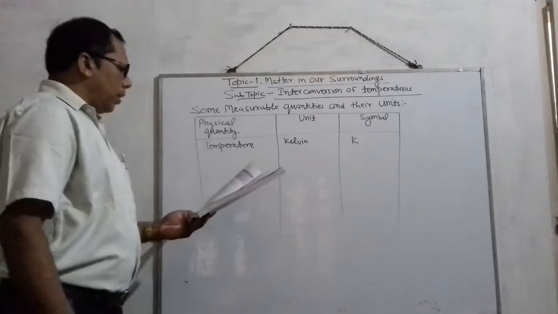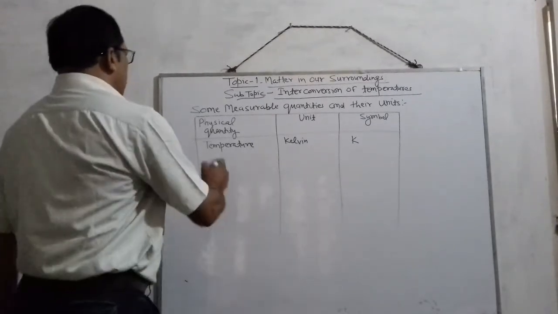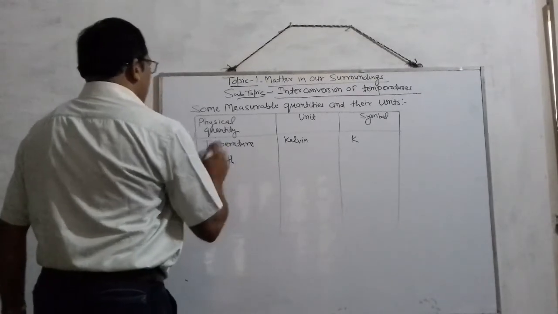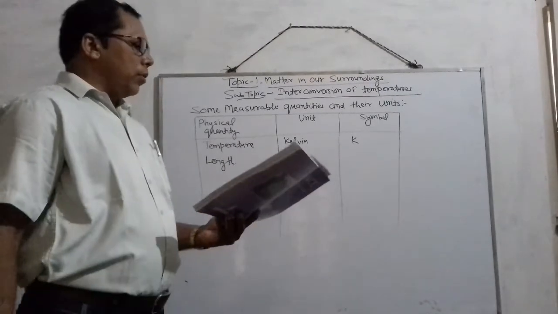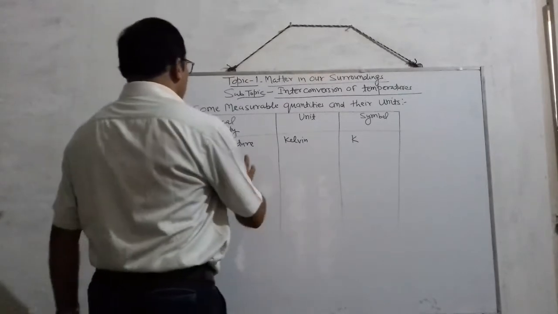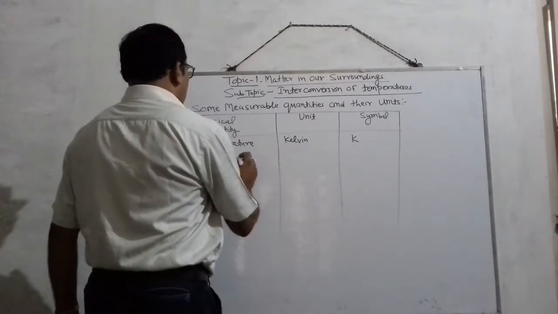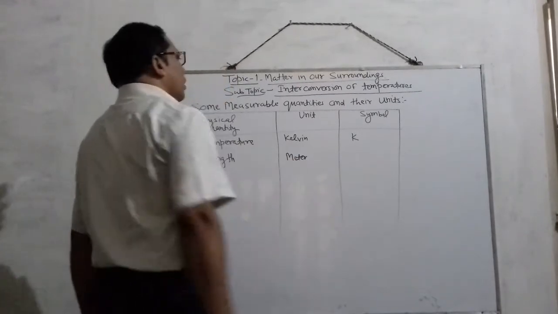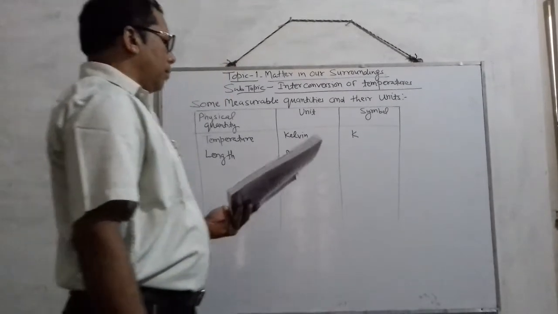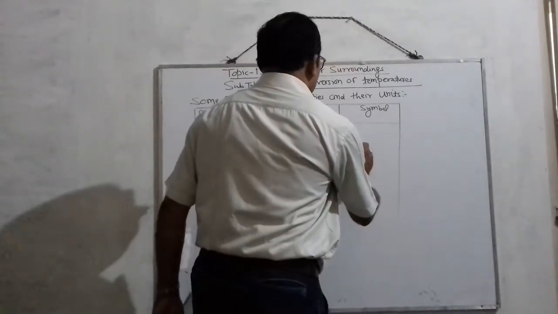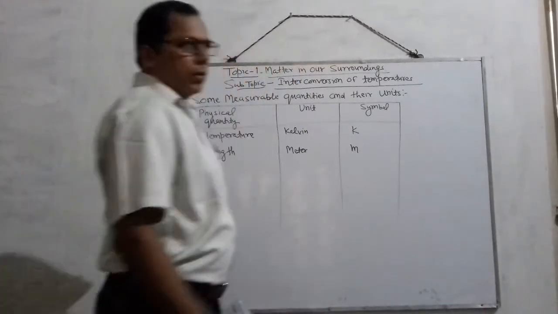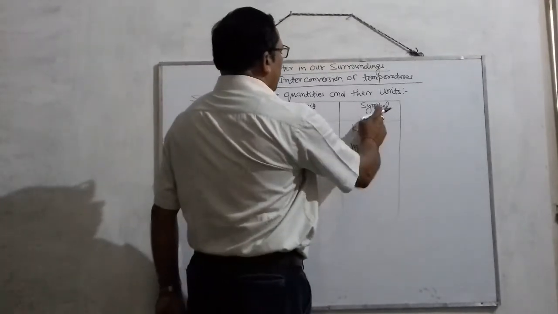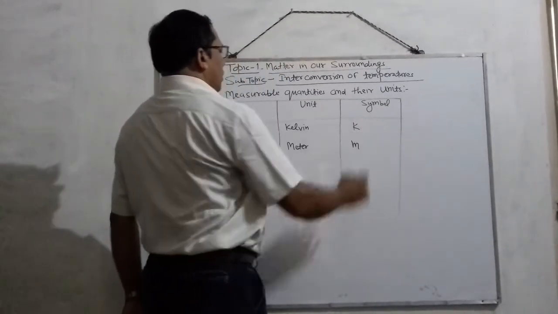Okay. Next quantity is length. As you know, the unit of length is meter, represented by the symbol m.